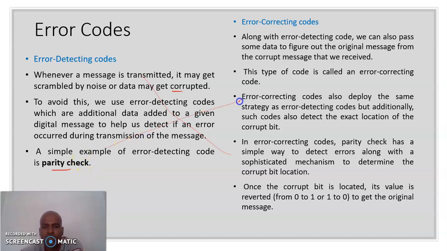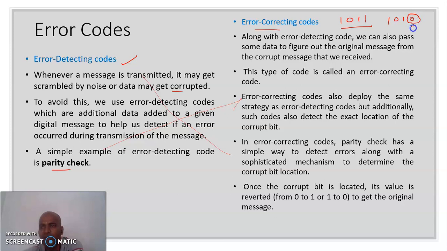So in error detecting codes, it will detect the error alone, but in error correcting code, it is going to detect the error first as well as correct the error. That is, once you have identified the location, see, 1011, this is our expected result. If suppose I get 1010, then here is the error.